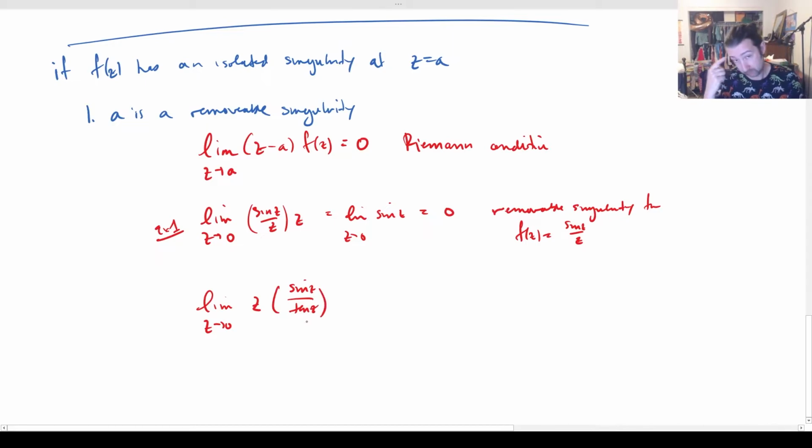And now things are a little bit more complicated, because it's not immediately obvious what order tangent z is at 0. Tangent z obviously is equal to 0 at 0, so there's something going on there. Z equals 0 is a singular point.